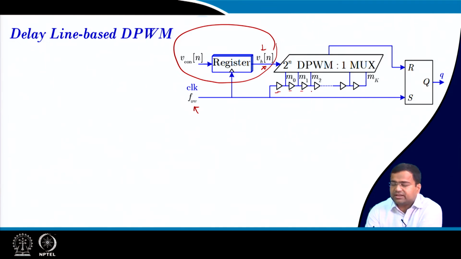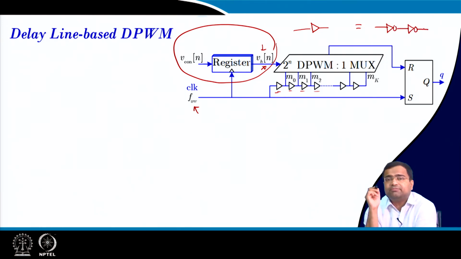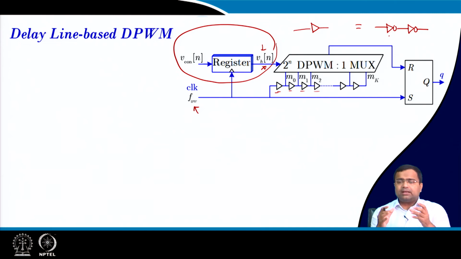These are the buffer circuits, and each buffer circuit will have propagation delay. And what is the buffer circuit? We know the buffer circuit is nothing but two back to back inverters. That means each buffer circuit will require 2 plus 2, 4 transistors, and each of these inverters will have a propagation delay. So, the buffer circuit will have a propagation delay.